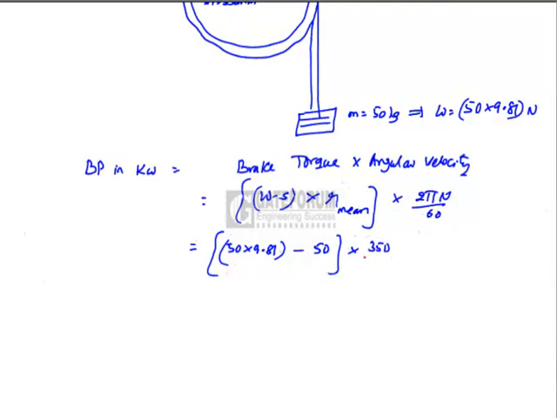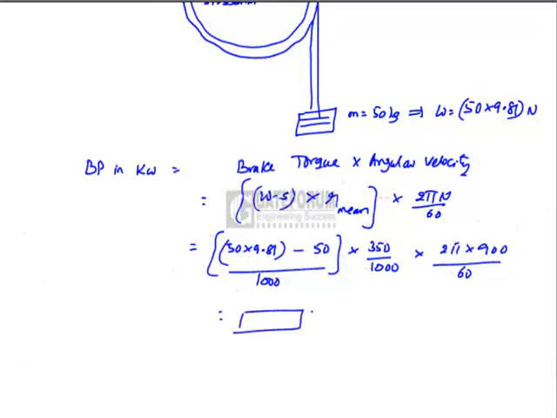Let us convert that into meters, divided by 1000, into 2 pi into 900 rpm, that is, by 60. The whole should be divided by 1000, because the loads were given in newtons and I want to convert them to kilonewtons. The resultant answer is that brake power will be obtained directly in kilowatts.